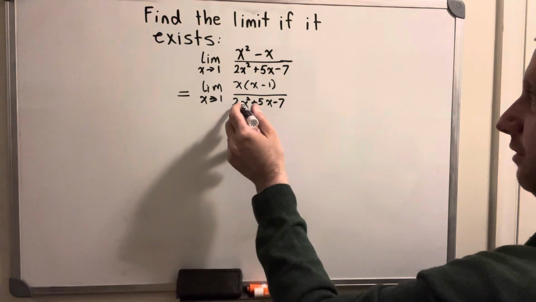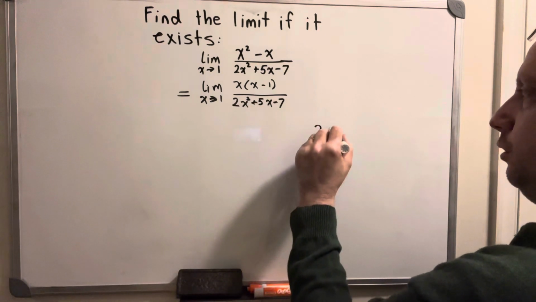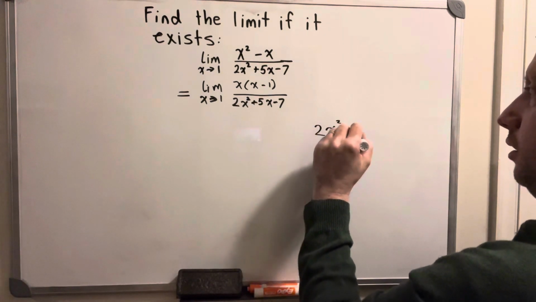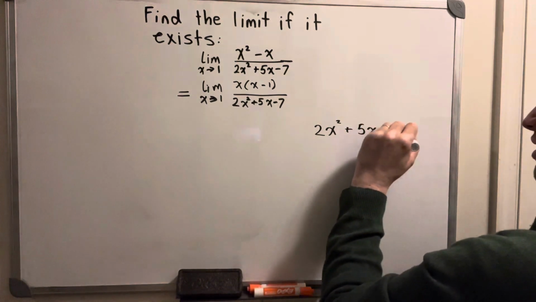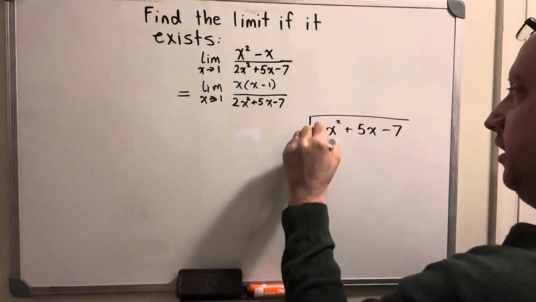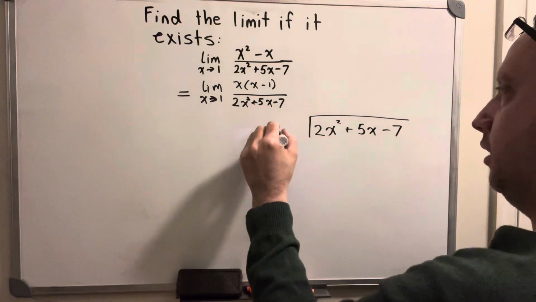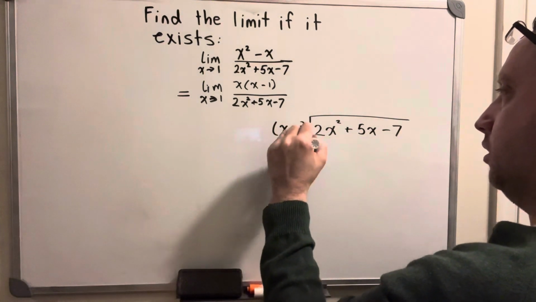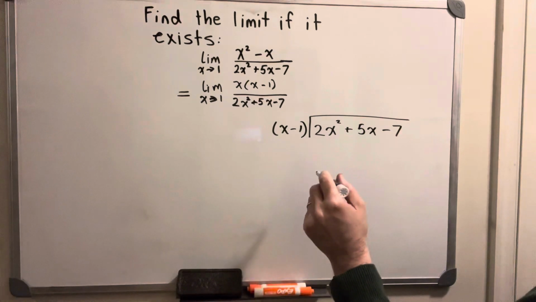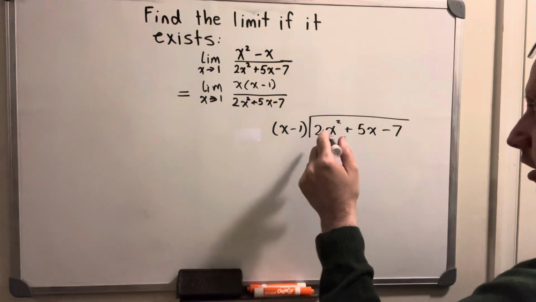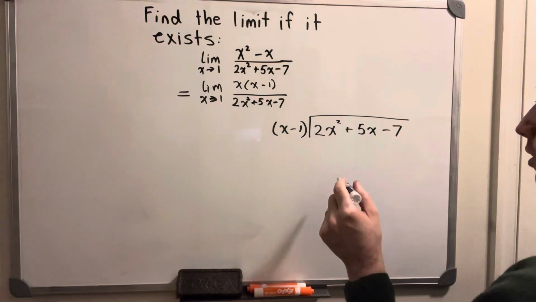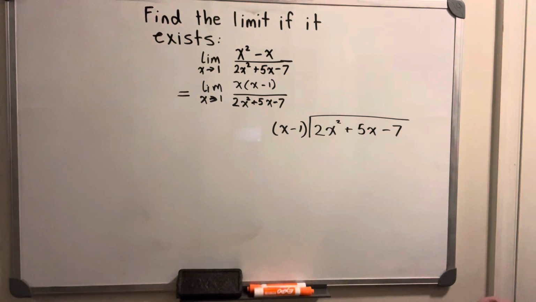We want to divide 2x squared plus 5x minus 7 by x minus 1, so that we can find out x minus 1 times what polynomial equals this polynomial. And if we can do this and have no remainder left over, then that will be good.